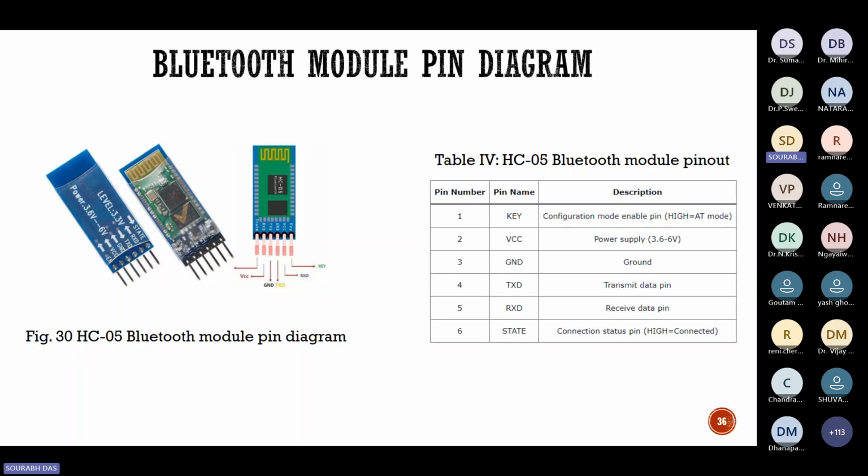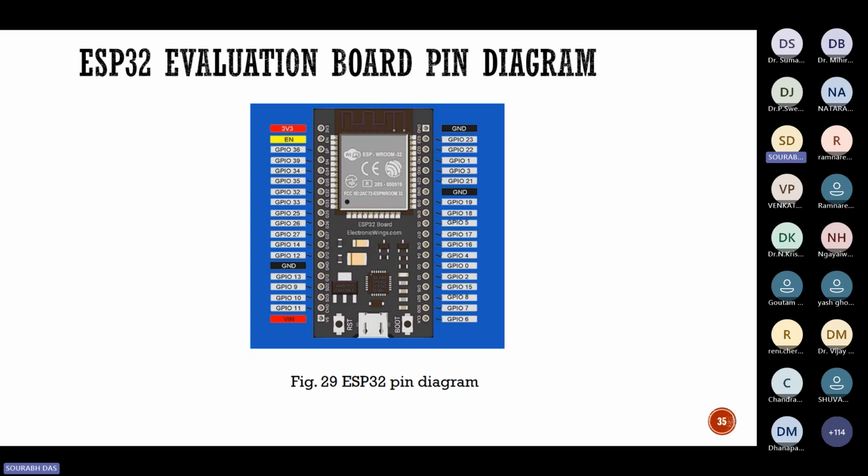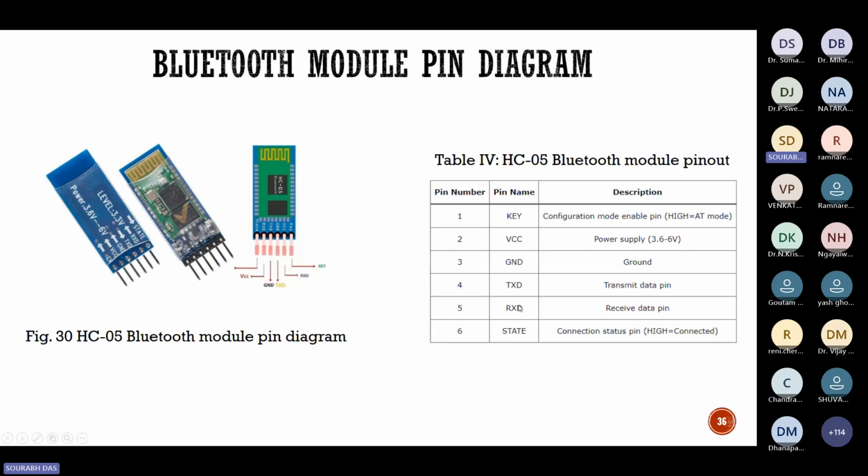What we can see is that the transmit and receive data pins are required, and power supply and ground are required. The VCC power supply can be taken from the board, and then this transmit data pin is connected to the RX pin, and this TX pin is connected to the HC-05 RX pin.